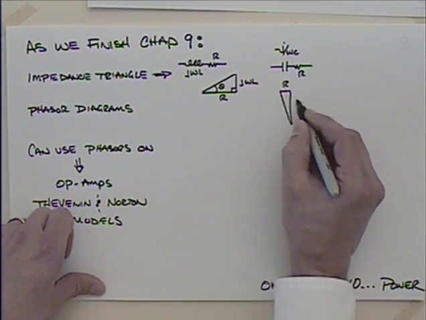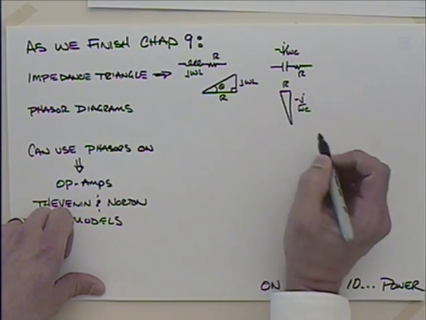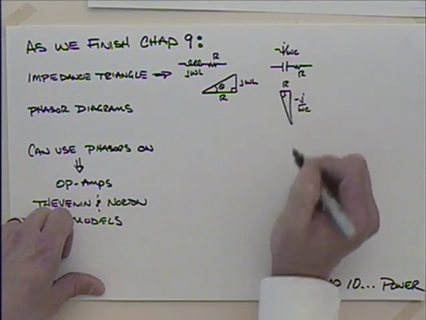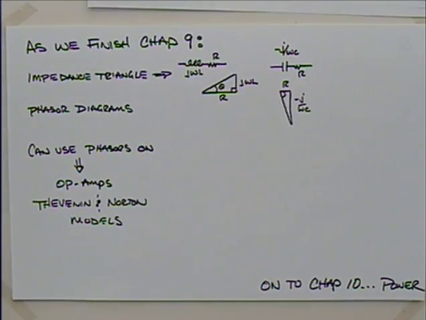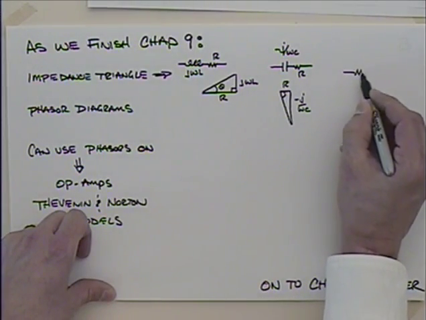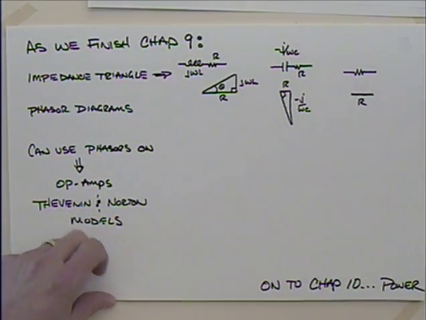So there's R minus j over omega C. We get something like that with our angle in there. The impedance triangle for a resistor is kind of boring, isn't it? There's your impedance triangle. So, which are good things to think about in general.